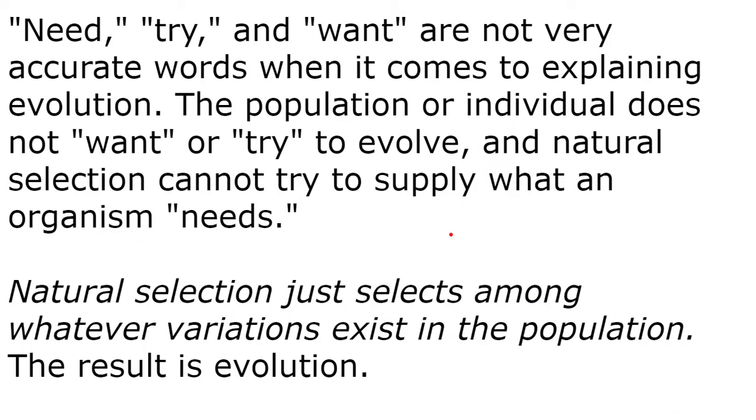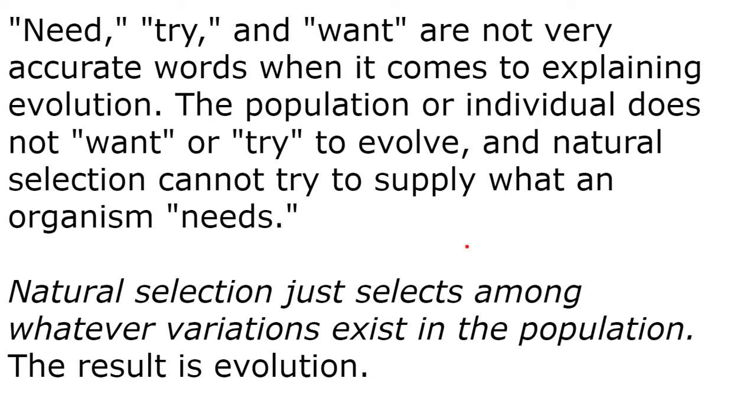So one big point I want to make here before we jump in any further is that need, try, and want are not very accurate words when we come to explaining evolution. The population or an individual does not want to evolve or doesn't try to evolve. It doesn't need. Okay, so the natural selection cannot try to supply what an organism needs.